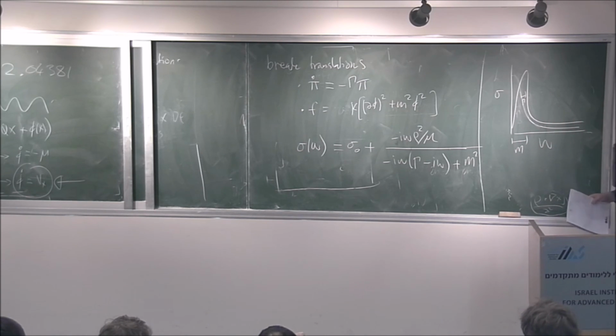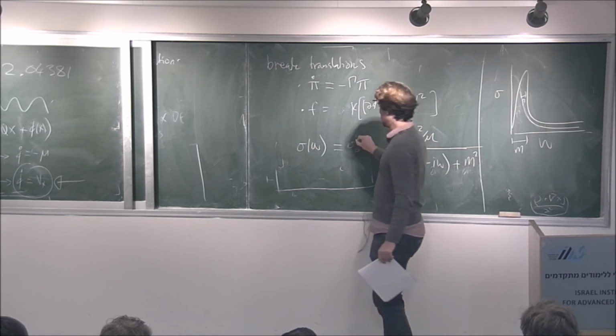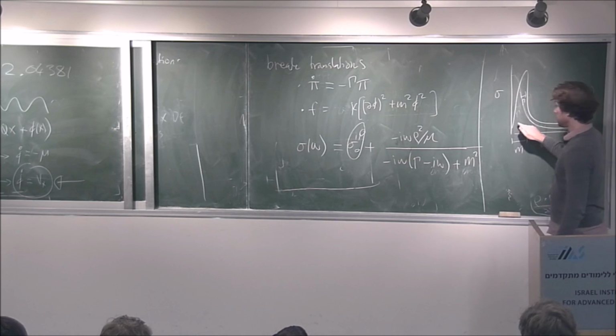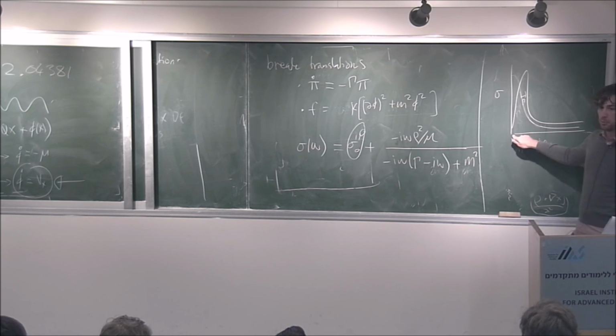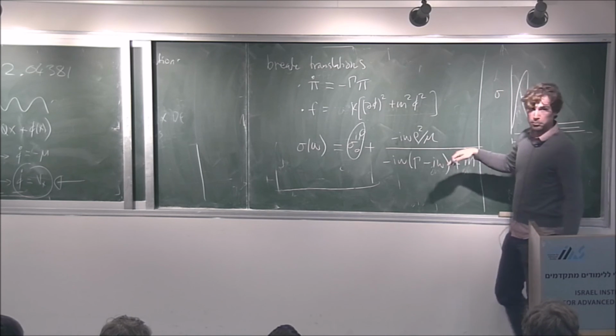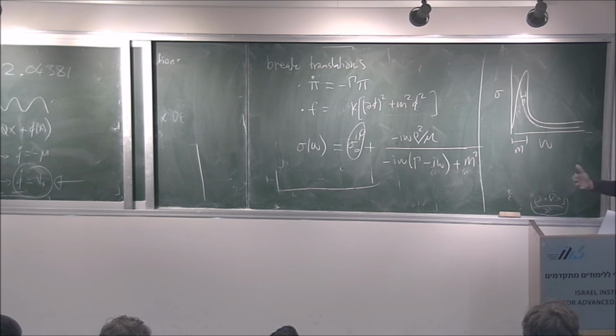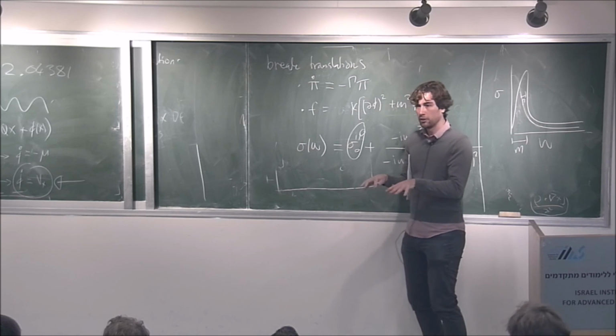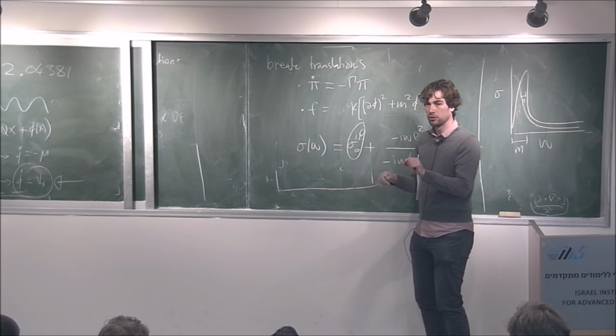In fact, if this sigma 0 were 0, which for example in a Galilean invariant system it is, this would actually be an insulator because the conductivity would be 0. If you put omega equals 0 here, this is 0. Many of you may know, for example, that a Wigner crystal is an insulator. If you spontaneously form a crystal, something that breaks translations, all you need is the tiniest bit of disorder, and it's pinned.